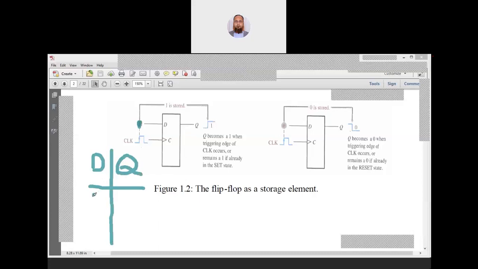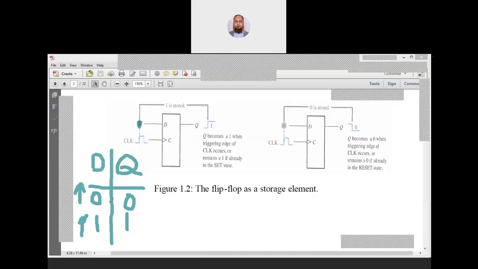If the input is 0 and the clock comes, the output will change to 0. If input is 1 and the clock comes, the output will change to 1.